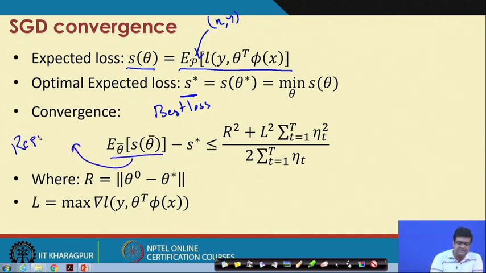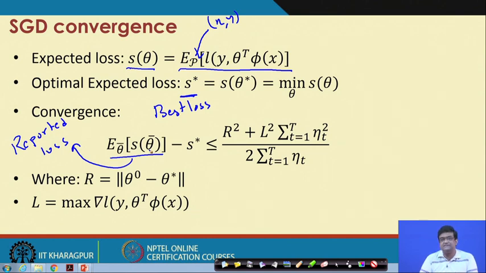And this is the reported loss. In some sense it is a reported loss, right. So, at the end of running the algorithm, the loss that you would get, expected value of that. Now, why is there an expectation? Expectation is because depending on the data set, your theta may change, right. Because you are taking a different permutation of the data set and so on, okay, your theta bar may change, okay.